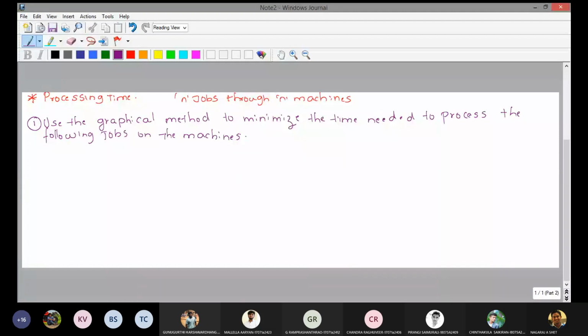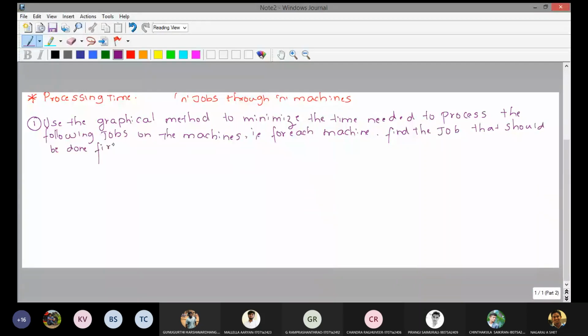Now, for each machine, find the job that should be done first.